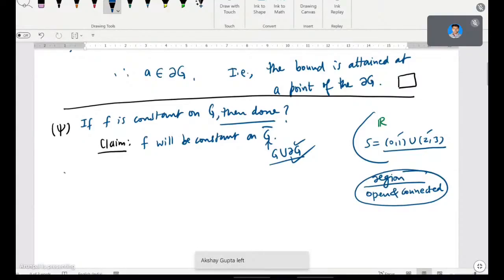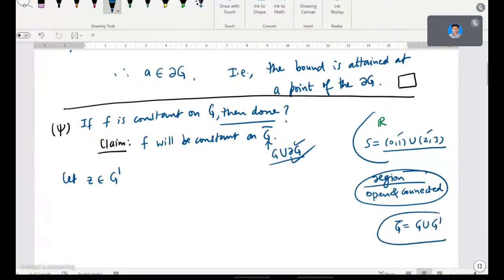And for this, class, let me take z to be some limit point of G. Please take that G bar is the same as G union G dash. So this time I am taking advantage of this frame. So let z be in G dash, that is, a limit point of G. Then by definition there exists a sequence zn in G such that this sequence will converge to z.